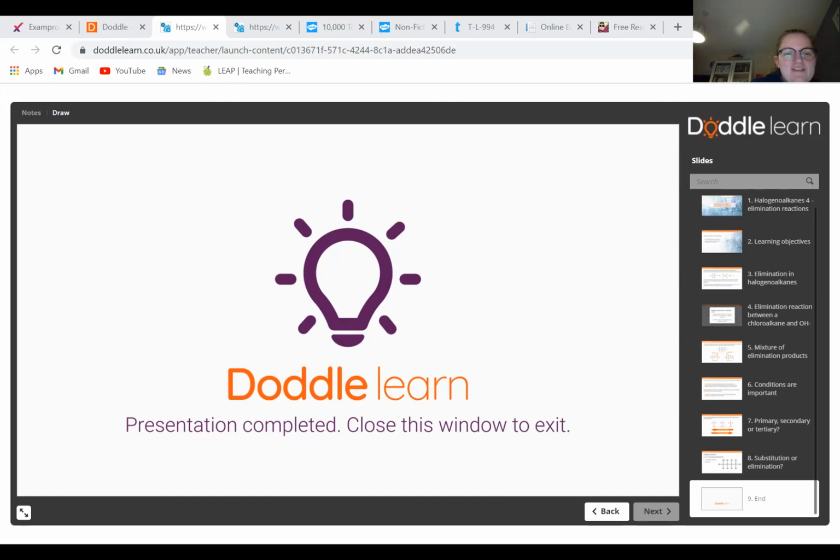Compounds which have the same molecular formula, but they have different structural formula. That will get you the 1 mark. So the important part is here, same molecular formula. And the next important part is different structural formula.